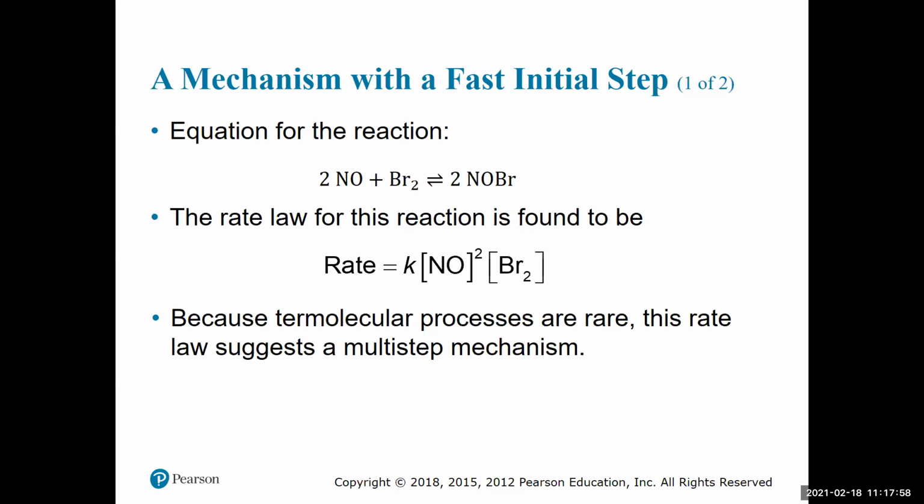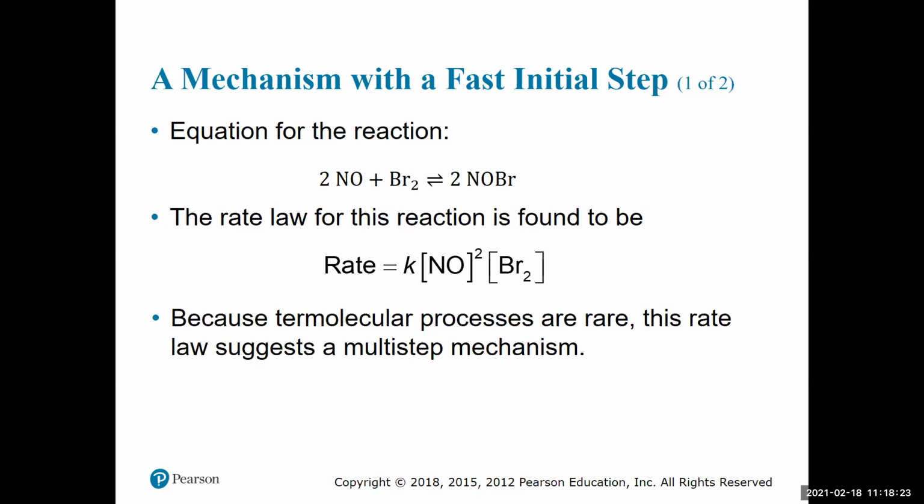Wait a second, I think we've got a termolecular process, right? We've got 2 of this and 1 of that, it's 3. And I told you that doesn't happen very often. Well, I didn't lie. What it means is we're going to assume something else is going on, that this is a multi-step reaction, because termolecular things don't happen very often.